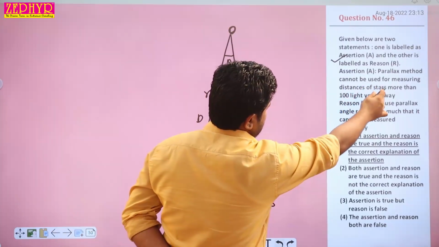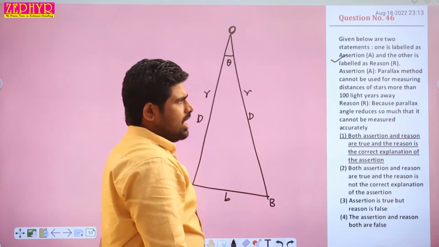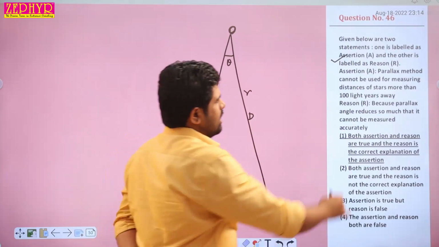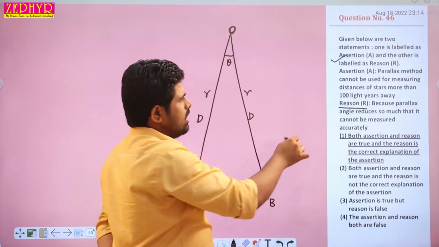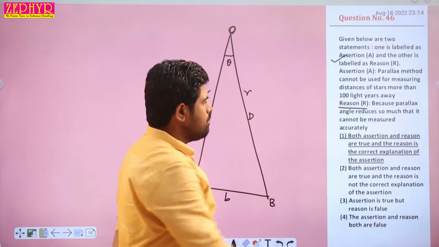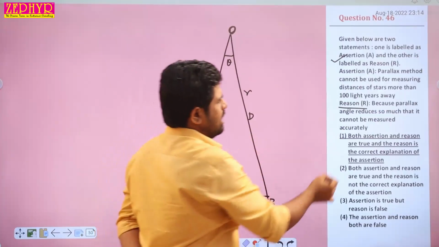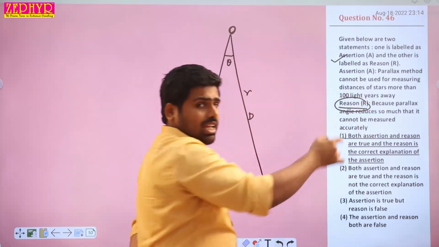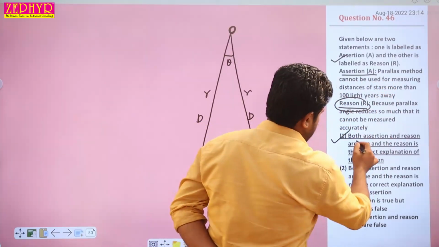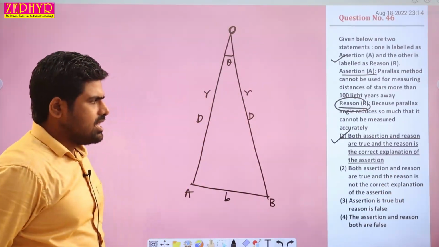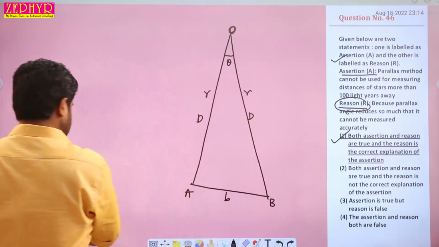So the assertion is right, and reason R is the correct explanation. Both assertion and reason are true, and the reason is the correct explanation of the assertion, so option number 1.